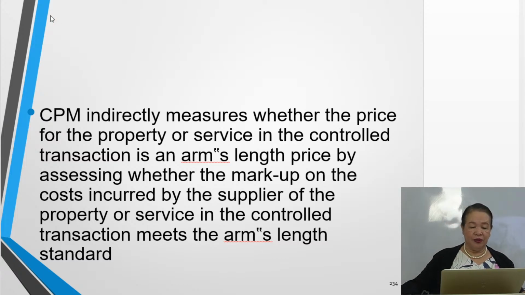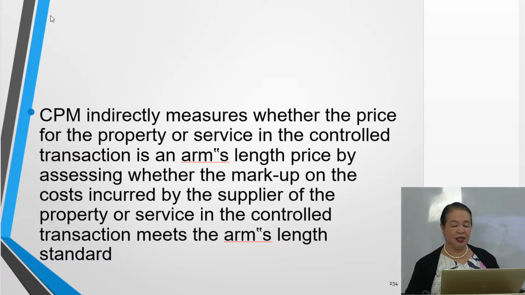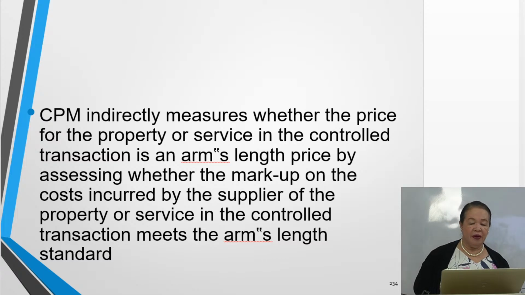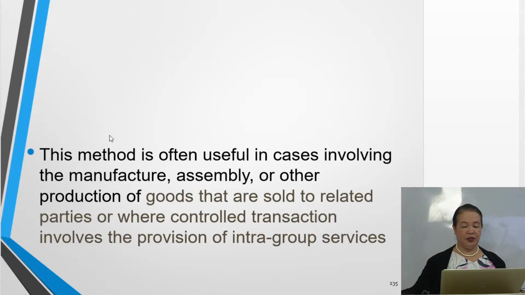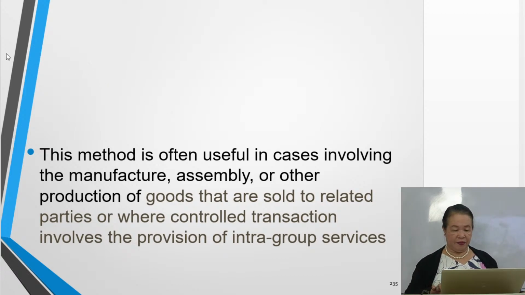So, whenever you study transfer pricing, always keep in mind the arm's length standard that you have to follow. So, the method is often useful in cases involving the manufacture, assembly, or other production of goods that are sold to related parties, or where the controlled transaction involves the provision of intra-group services. So that is where they use the cost plus method.